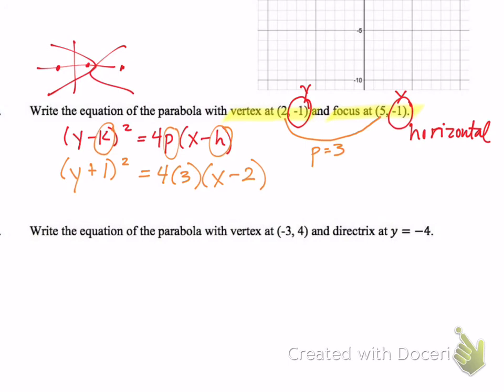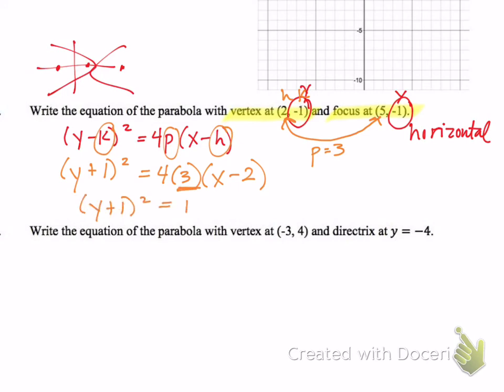Do you see how I got that? I filled in h and k, so 2, -1, and then I got my p equals 3 by finding the distance from my vertex to my focus, which was 3. The distance from my vertex to the focus was from 2 to 5, so I plugged in 3 for p.